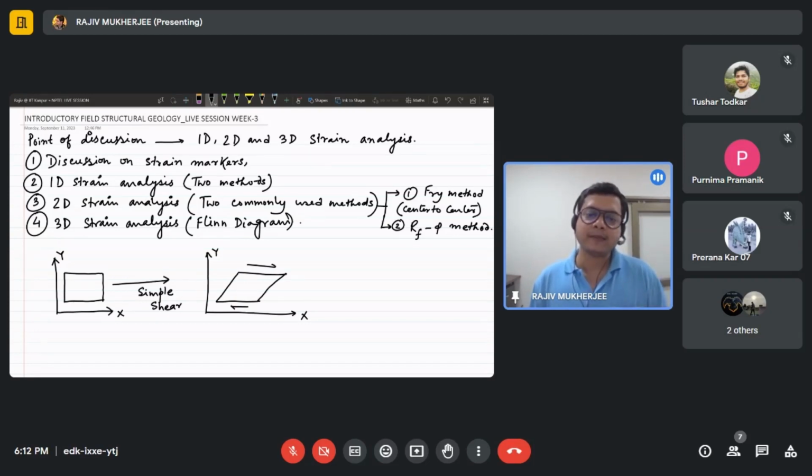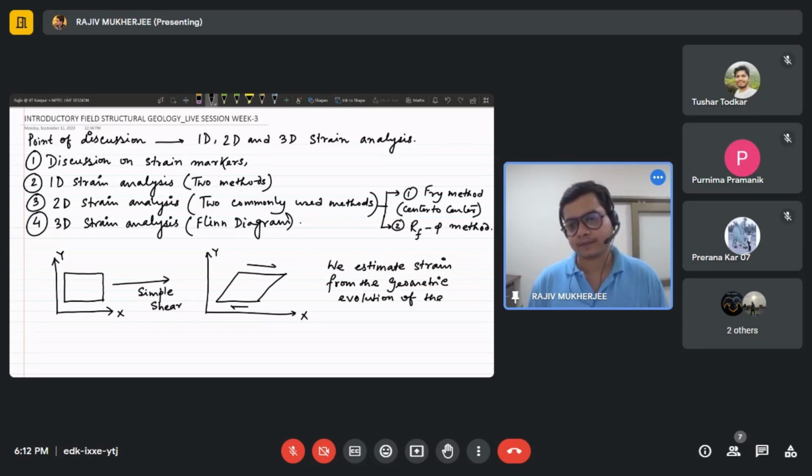So we estimate the strain from the geometric evolution of the subject, right? Now, what is the subject in this case?